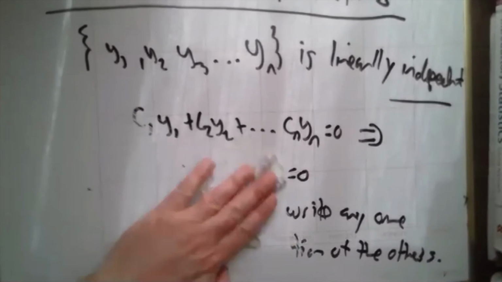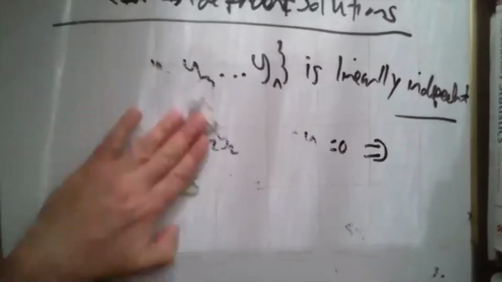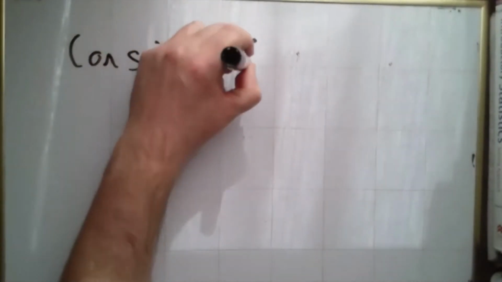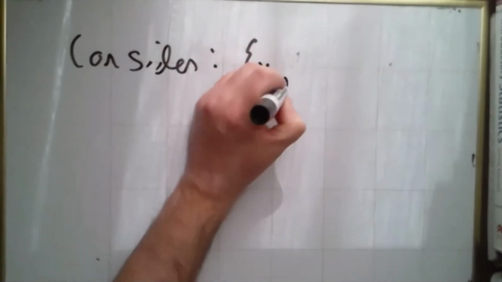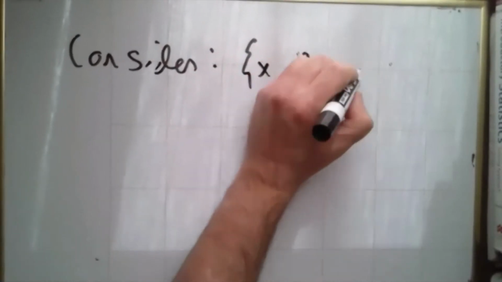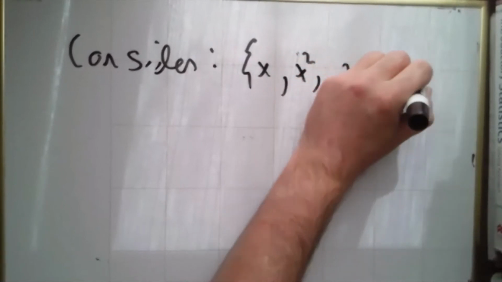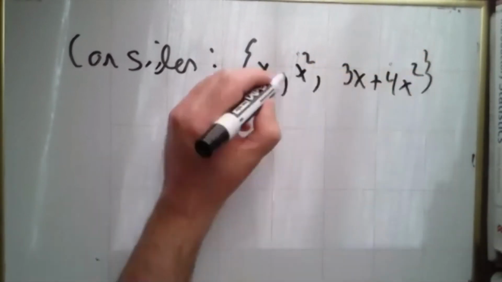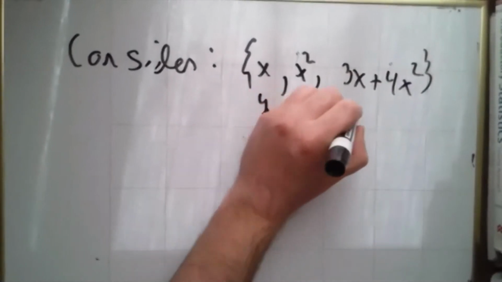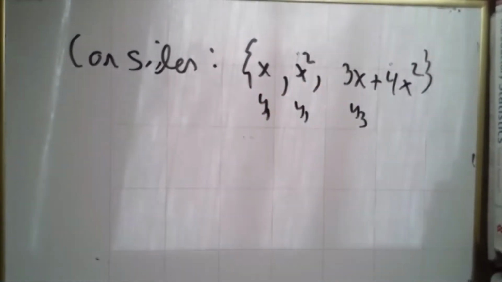So to understand linear independence, you have to understand linear dependence. Consider this set of functions, x, x squared, and 3x plus 4x squared. Let's call those y1, y2, y3.